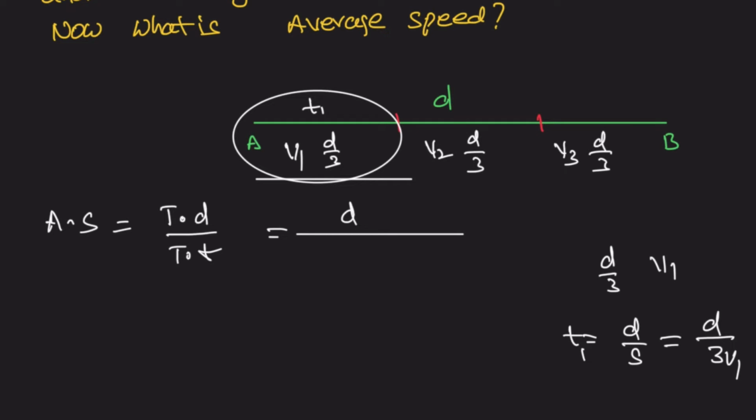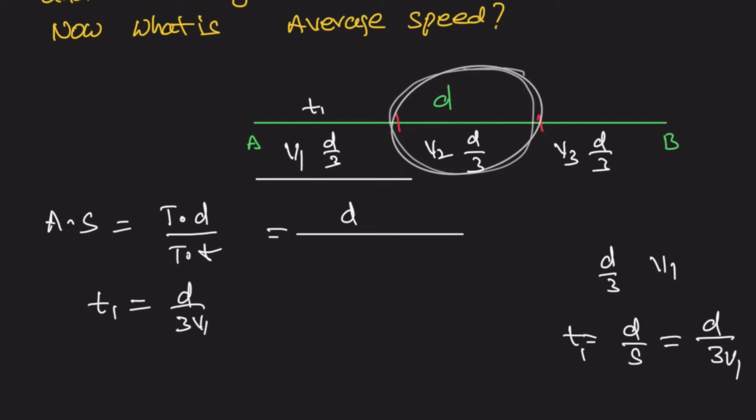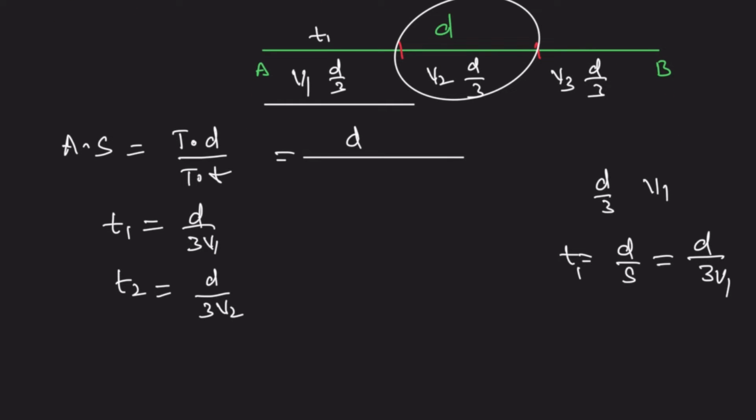This is the time t1 for the first situation, that is d by 3v1. Next, for the second situation, similarly time is d by 3v2. For the third situation, it takes a time d by 3v3.